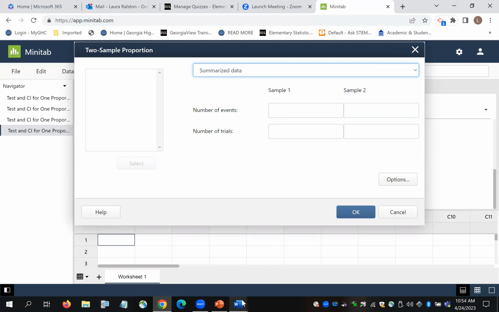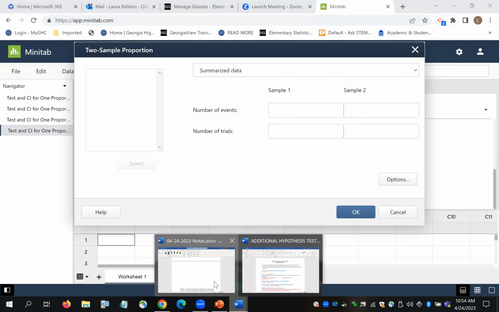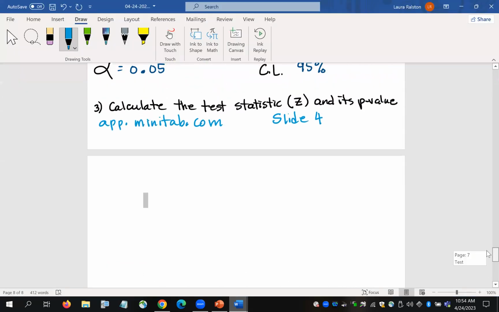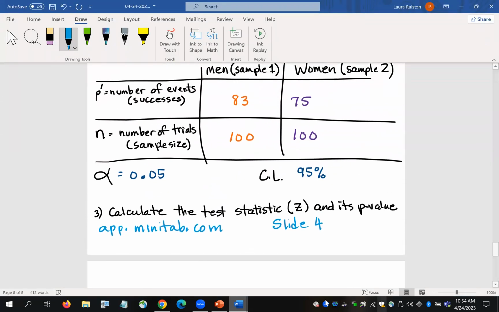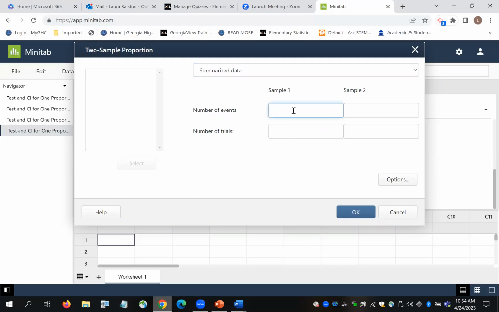So it's important that you know which one is sample 1 and which is sample 2. Sample 1 was men, 83 out of 100 who preferred computer-aided instruction. For the women, sample 2, it was 75 out of 100.